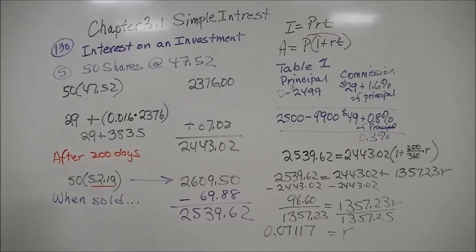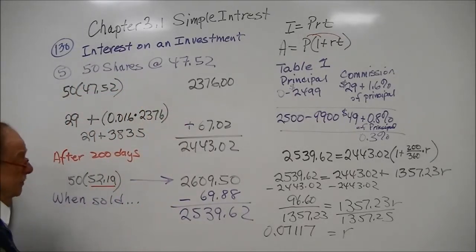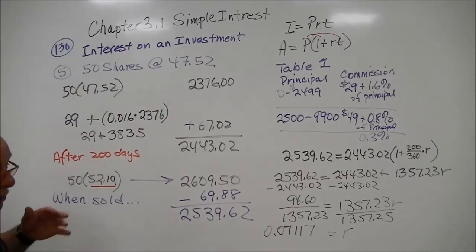Okay, this next one is rather tedious, so let's go through it step by step. When you get older, or maybe some of you have done it already, you may want to go into the stock market. Dow Jones and stocks and bonds and all that stuff.